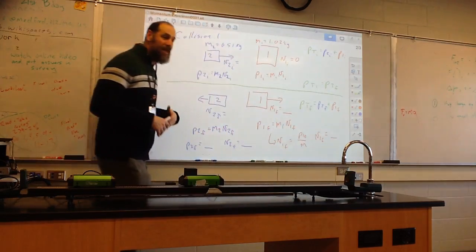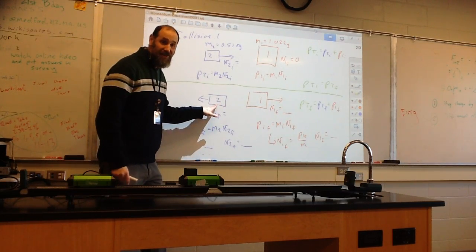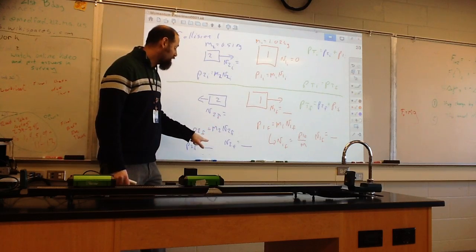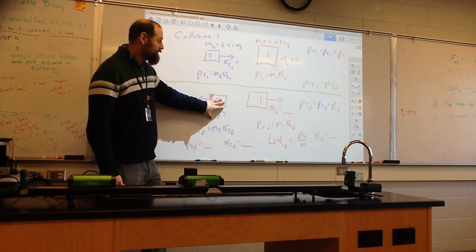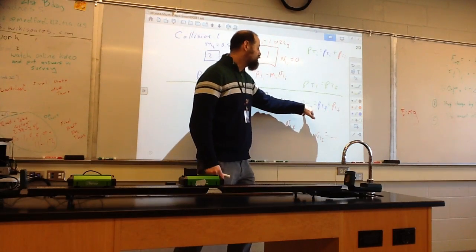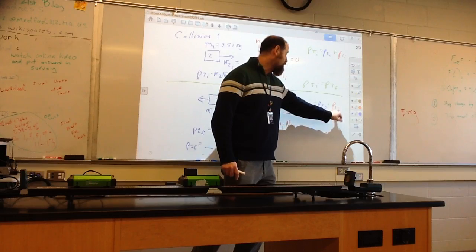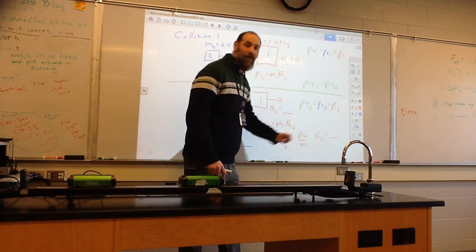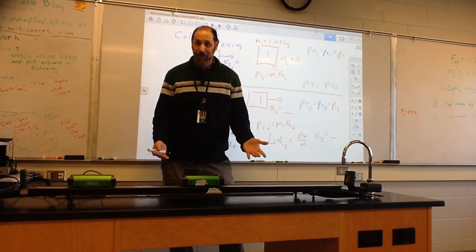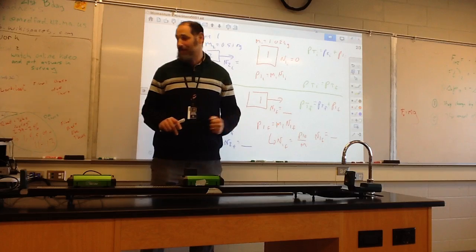All right. So then the final situation, we'll measure what this guy's velocity is and calculate what this guy's momentum is. And knowing this momentum and the total, we can solve for one's final momentum, and knowing one's final momentum and its mass, we can solve for its velocity, and we'll see how that compares with the data. Okay? Got the idea? Feel free to pause it at any time.